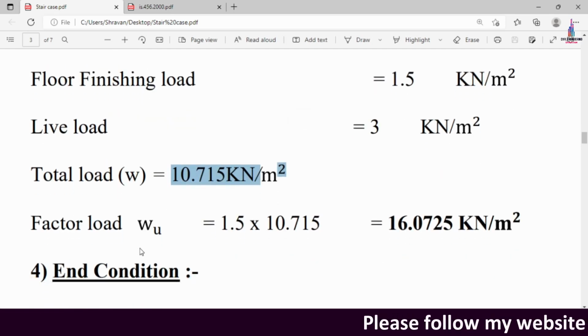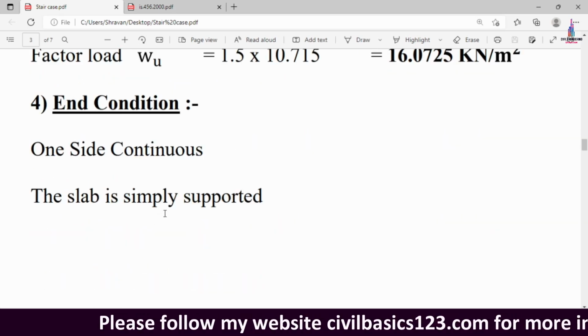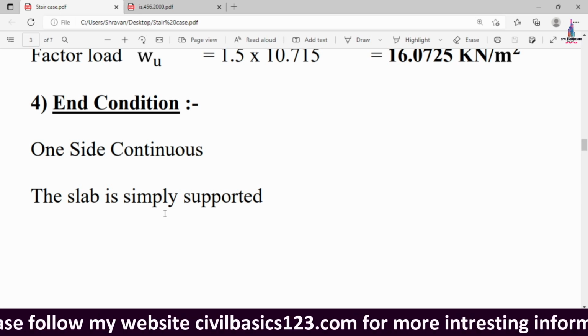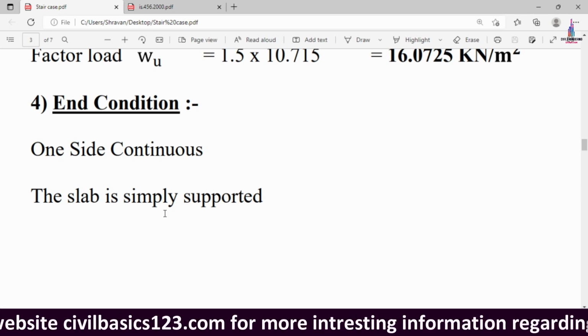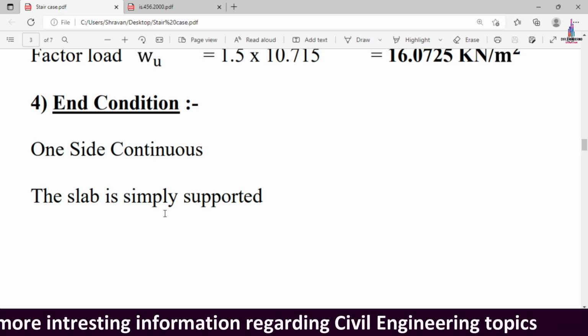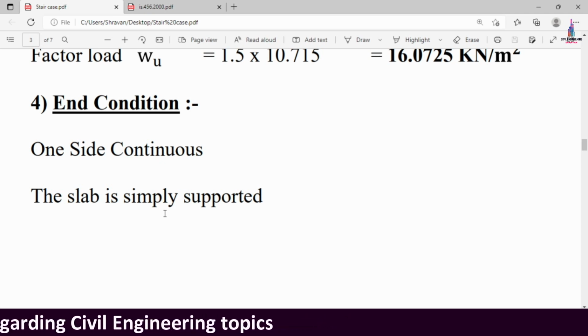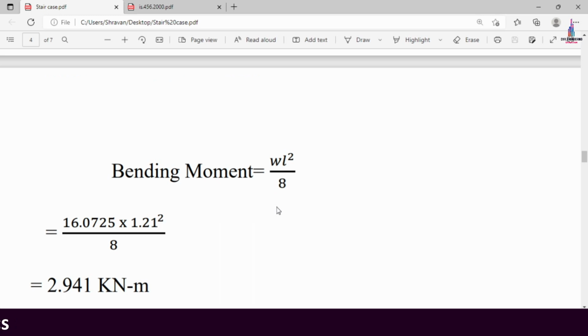Now we have to do the bending moment calculation. Basically here we are considering a one way slab system, which comes under a simply supported slab. The maximum bending moment for a simply supported beam is W L square by 8, so we need to calculate the bending moment value by the formula W L square by 2.